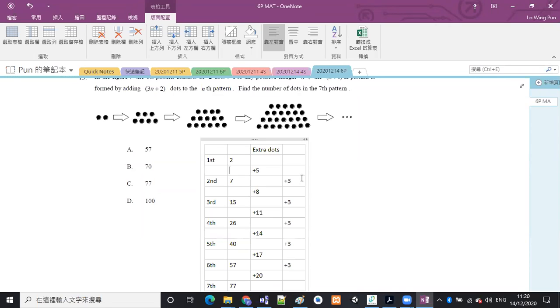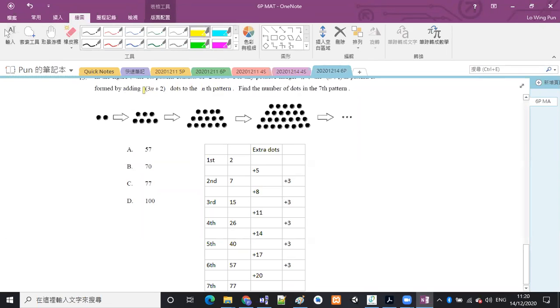因為頭4個係俾咗你嘅，所以呢3個數字係題目俾嘅，但喺呢3個數字裏邊，其實我哋揾到個 pattern，佢哋好似按住加3加3。其實如果你睇清楚，題目都有俾咗你：By adding 3n plus 2 dots to the nth pattern。即係呢個係個 n，This is the nth.